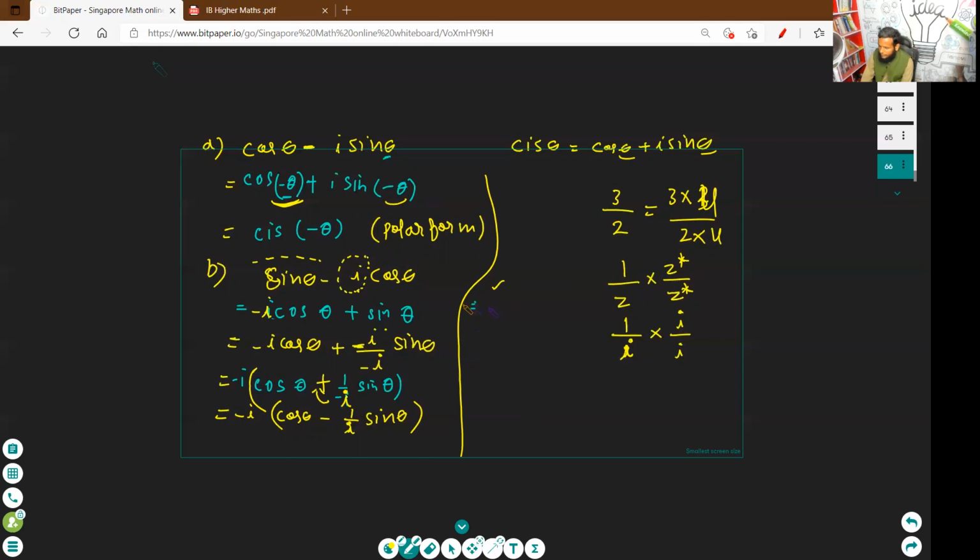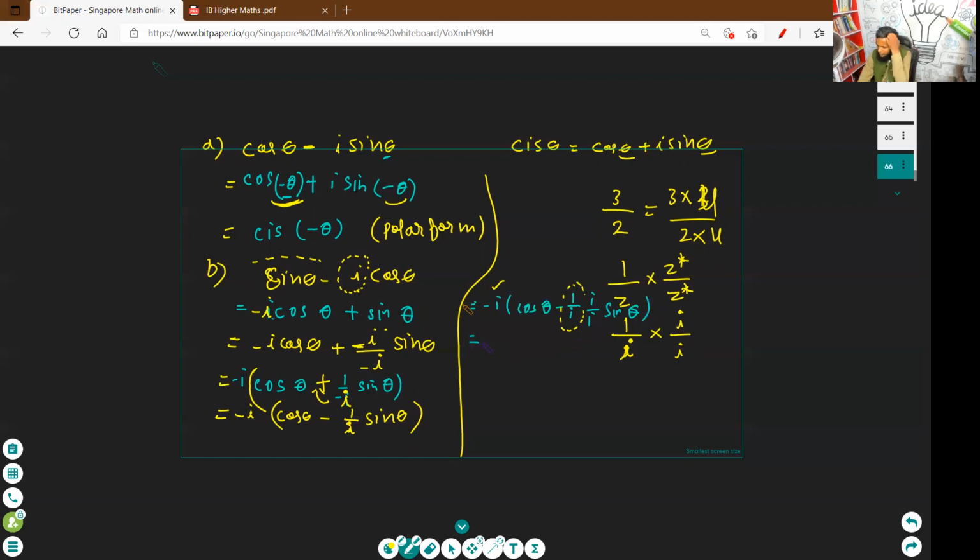I write the whole thing again, but we will change only this. You should multiply and divide by iota here and solve it. Also write sine theta.